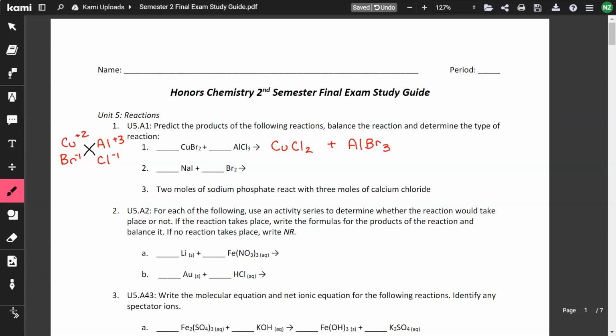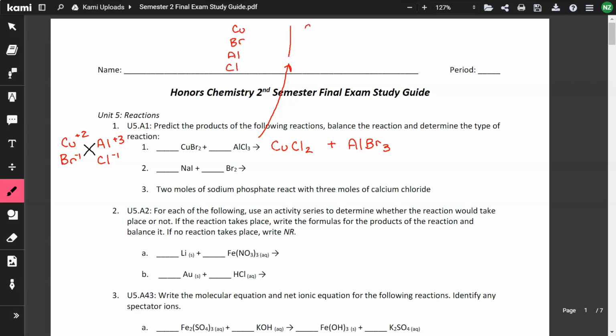All right. And then as far as balancing goes, I'm going to do this first one with a table. So I'm just going to do this up here. So let's see, we've got copper, bromine, aluminum, and chlorine.